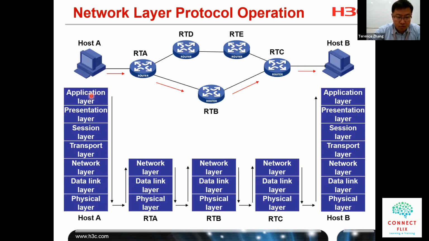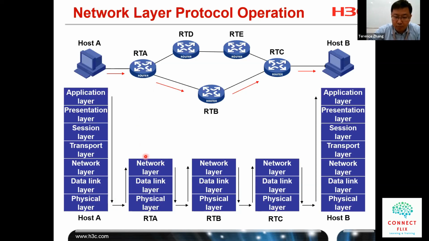By all the layers from application to physical, and send out on the line, on the cable, by bit stream, and to router A, right? Router A de-encapsulated information to data link layer, to network layer. We see here, router A will not de-encapsulate for more layers, right?